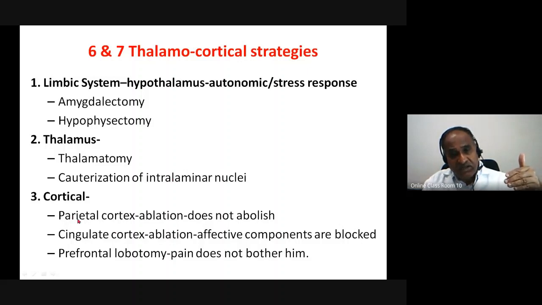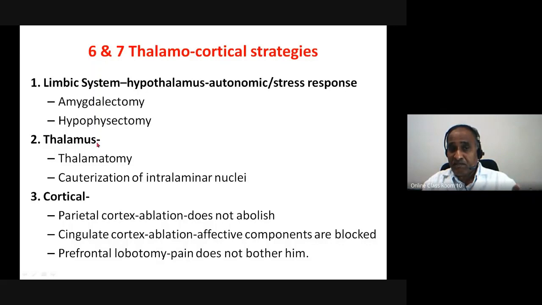Then there is parietal cortical ablation. What happens? Parietal cortical ablation will abolish the pain sensation, especially the localization and its discrimination. However, part of the pain is processed at the thalamic level.